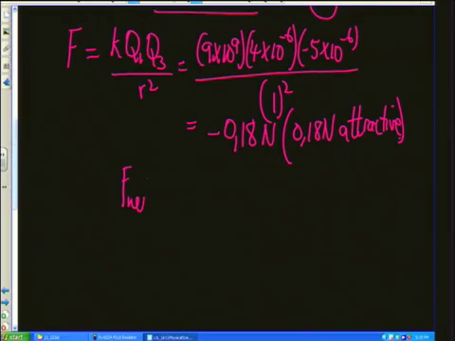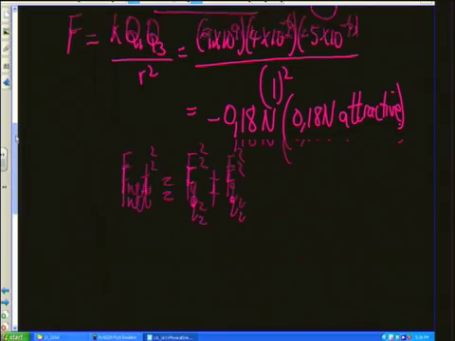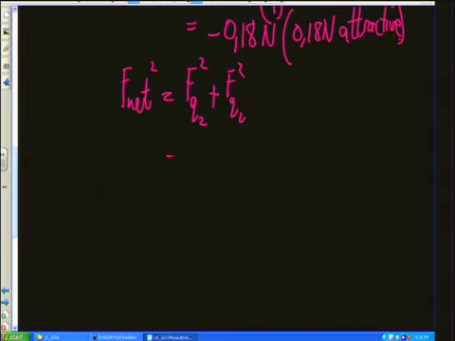You can say F net squared on Q1 will be equal to F by Q2 squared plus F by Q3 squared, right? Using Pythagoras here. So that will be equal to 9.6 squared plus 0.18 squared.